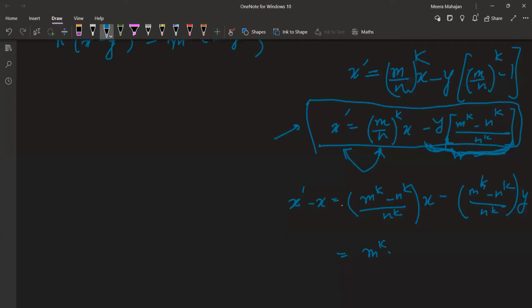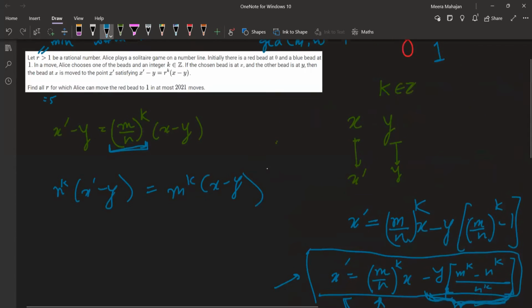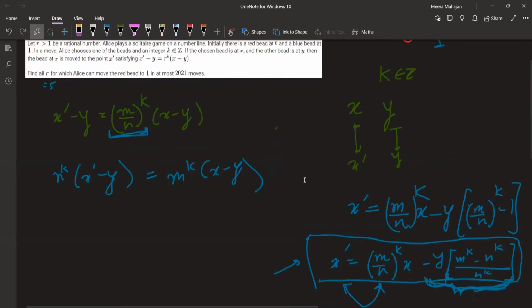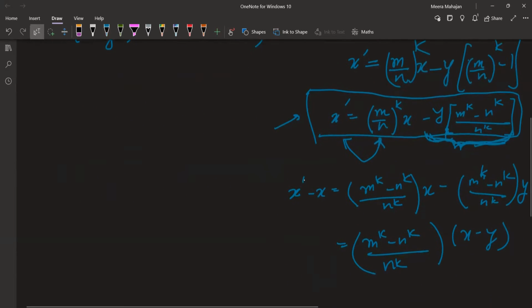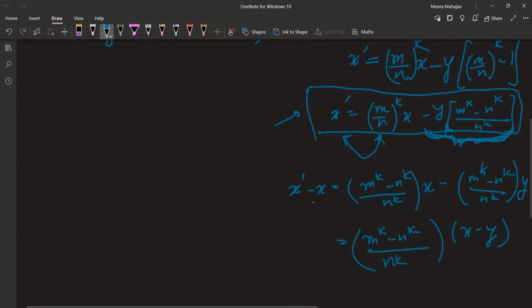This is just m to the power k minus n to the power k, times n to the power k x minus y. Oh, wow. You could also get this by rearranging it directly. I think it implies that if r works, then r minus 1 would also work. Seems similar to the question statement.